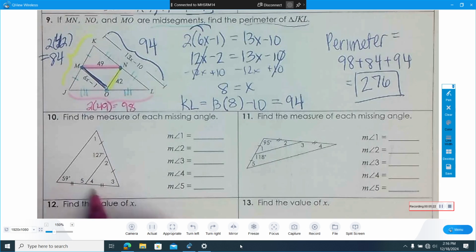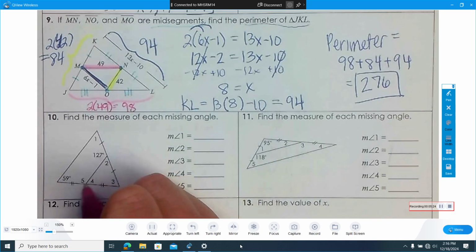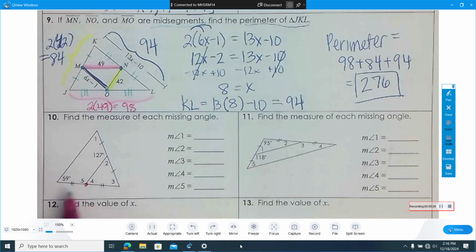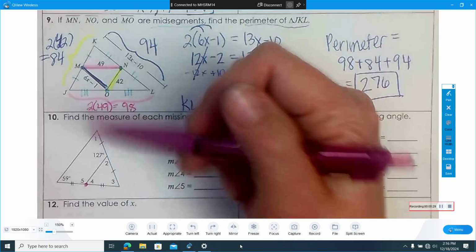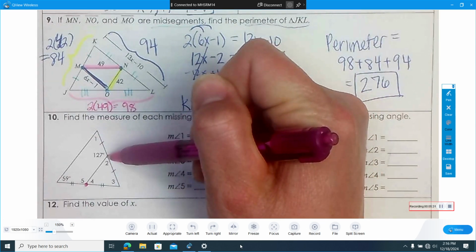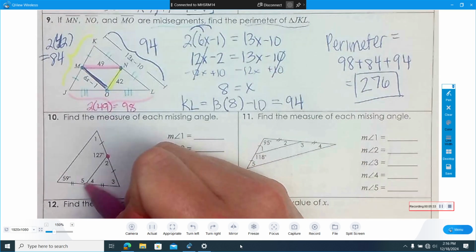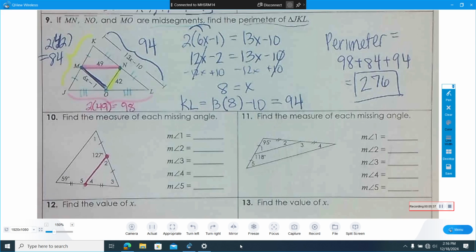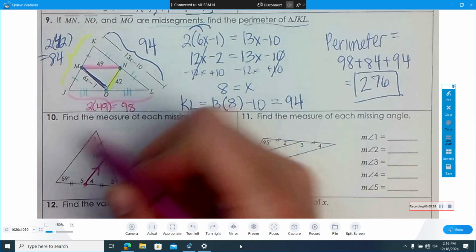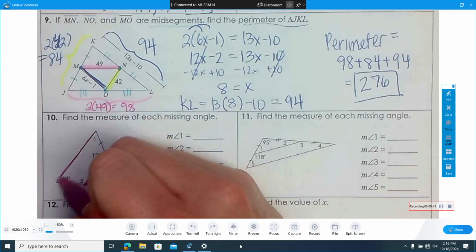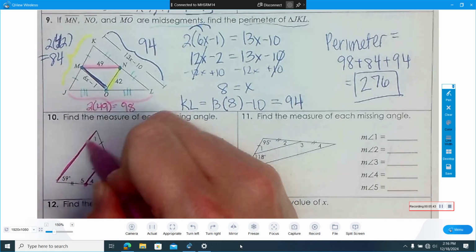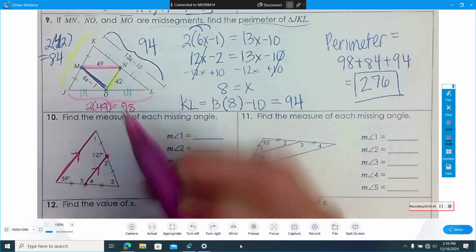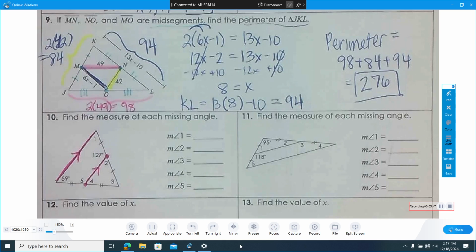And I see that I have some congruent segments, which means this is a midpoint right here. And more congruent segments, so we must have a midpoint, making a midsegment parallel to this third side. So we have two parallel lines here, and that's really important for us.